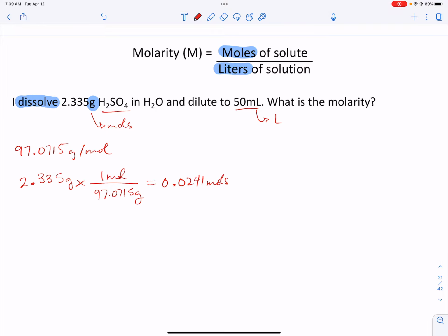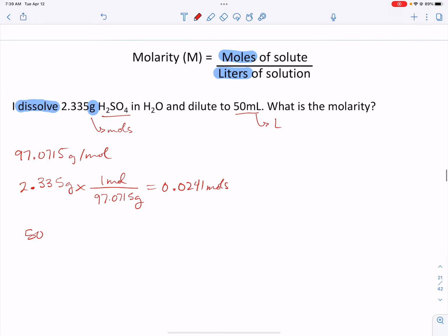Okay, the next thing we need to do is take our 50 milliliters and convert it to liters. There's 1,000 milliliters in 1 liter, and when we divide by 1,000, we get 0.05 liters. And now we have the right units. You see how it's moles and liters, which matches our equation up there.